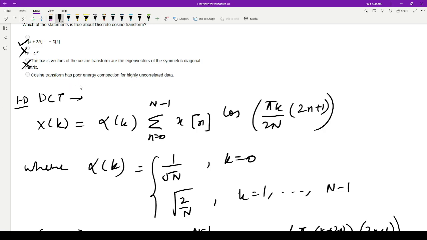Cosine transform has poor energy compaction for highly uncorrelated data. Is it true or false? What is energy compaction property?